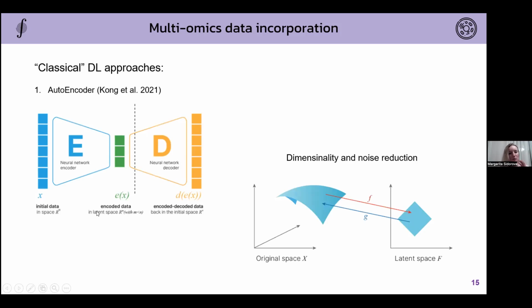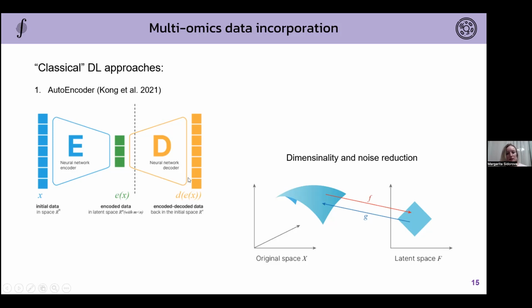Autoencoder is the model which helps to encode our data from the initial space to the latent space, so that we will have the reduction of dimensionality and noise. For example, you can see this picture of our original data, high dimensional, and then it can be transformed to latent space, which still gives us a lot of information about this data. And usually an autoencoder consists of two parts. The first part is the encoder, which helps to transform our data to this latent space.